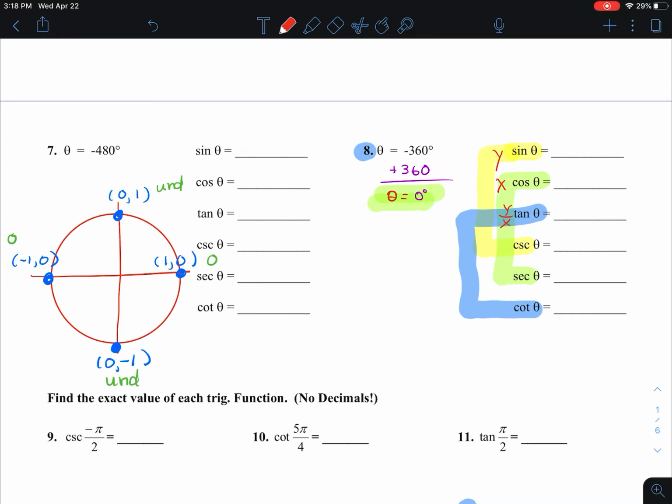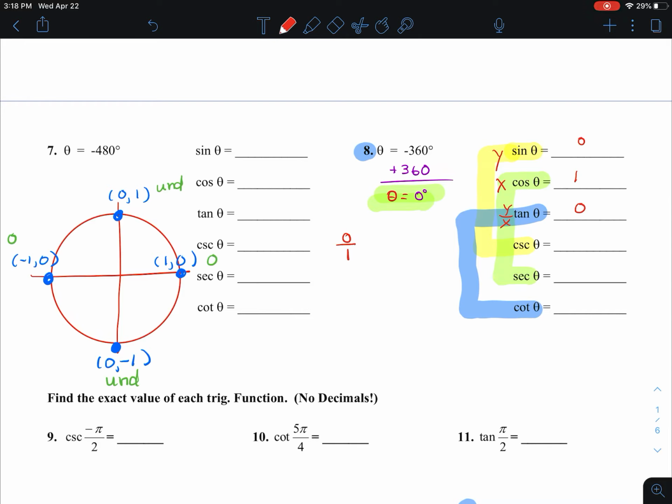Okay, so once again, I have labeled over here, remember sine is actually the y value and cosine is the x value. So I can see on the circle here that the sine value at 0 degrees is 0, the cosine value is 1, and the tangent value is 0. Now, none of these look like fractions, okay, but we know that if you took 0 and you made it look like a fraction, you would put it over 1.